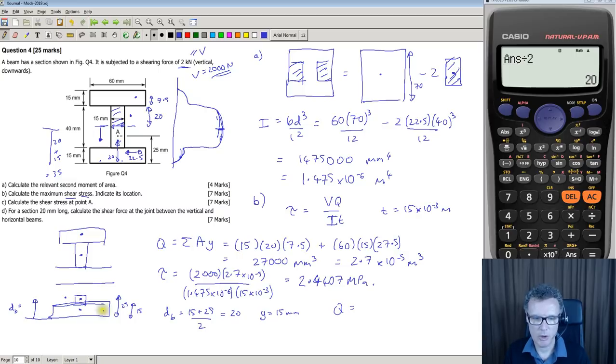So I do a similar sort of Q calculation. The boxy shape has got a width of 15 millimeters. It's got a height of what? 25 take away 15, it's got a height of 10. And the y I found to be 15. So that gives me 200, and actually I should add on the other one first, shouldn't I?